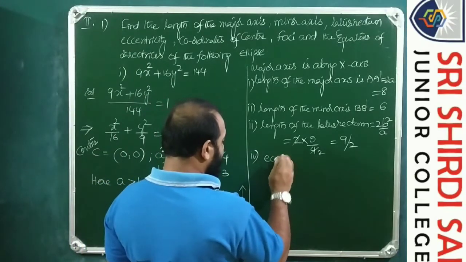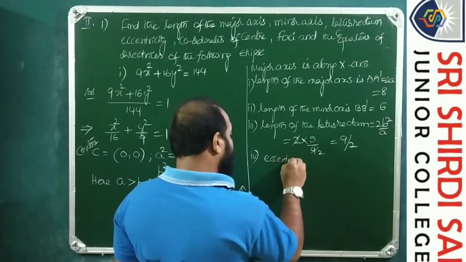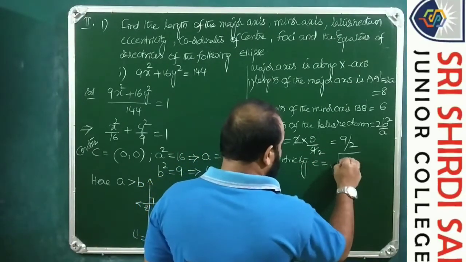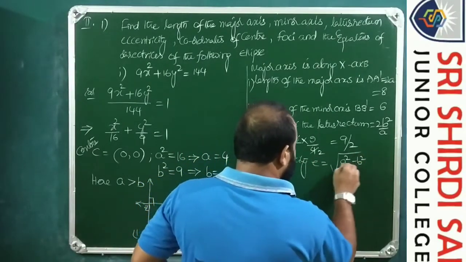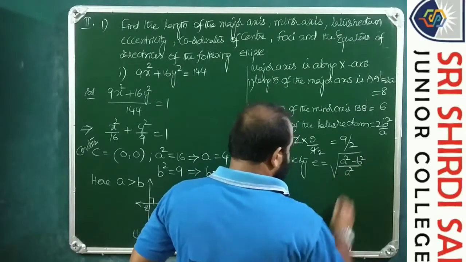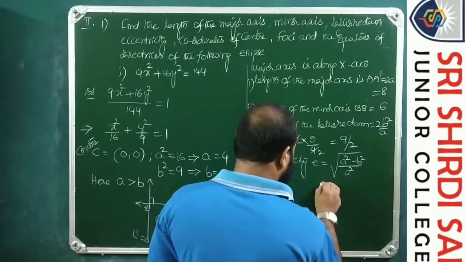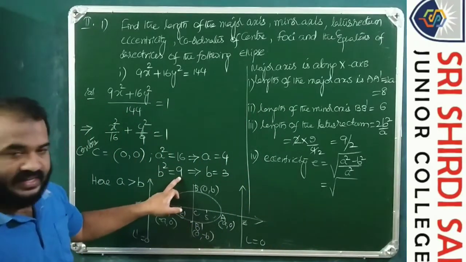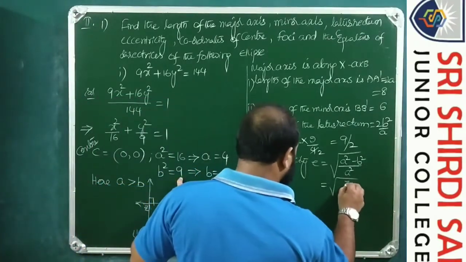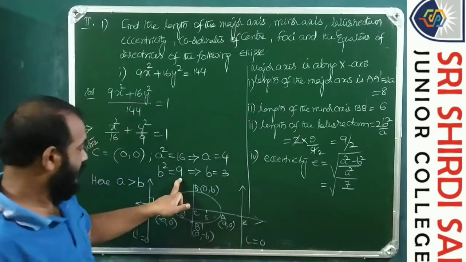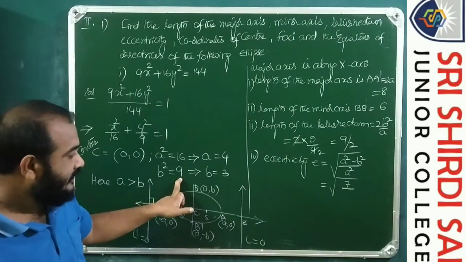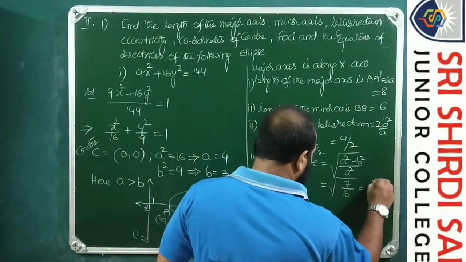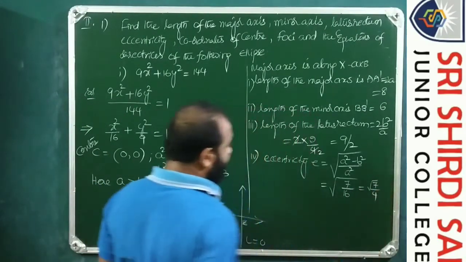Eccentricity e is equals to square root of (bigger square minus smaller square) by bigger square. So a square is 16, 16 minus 9 is 7, by a square is 16. So this is equals to root 7 by 4.